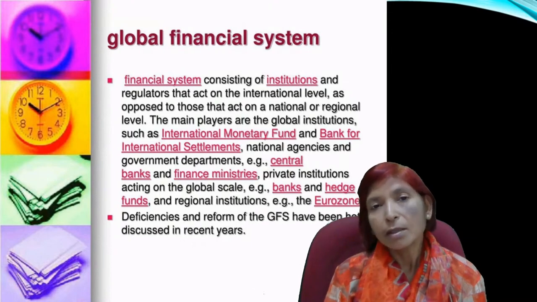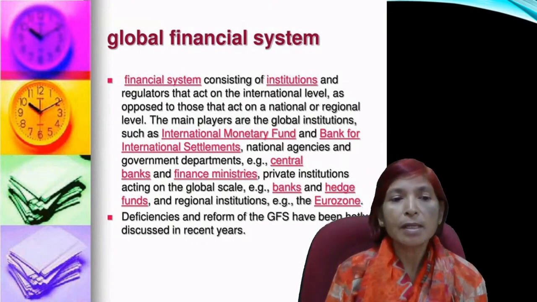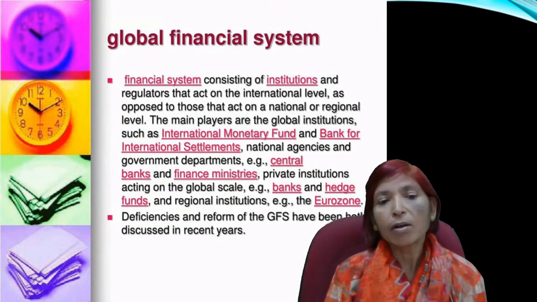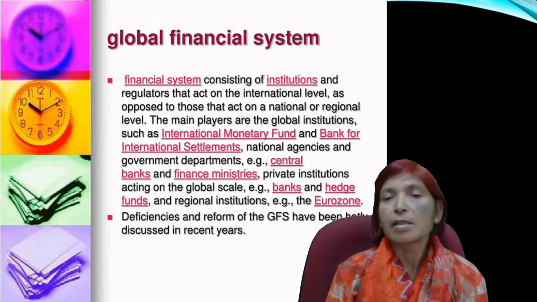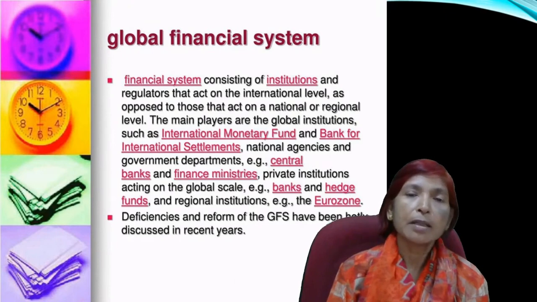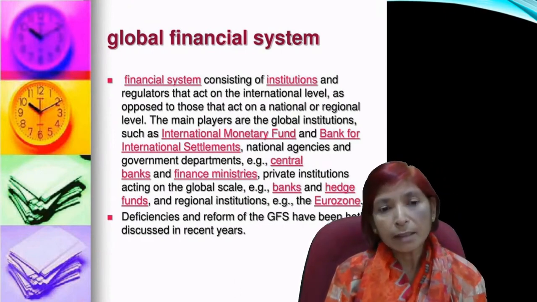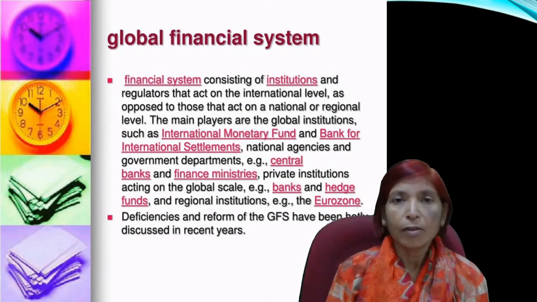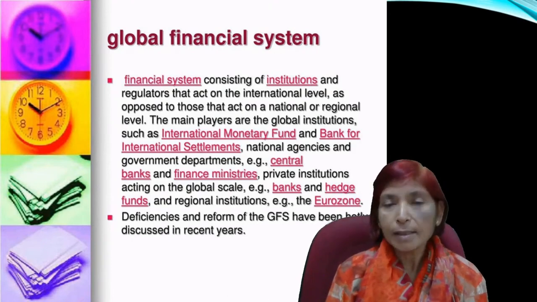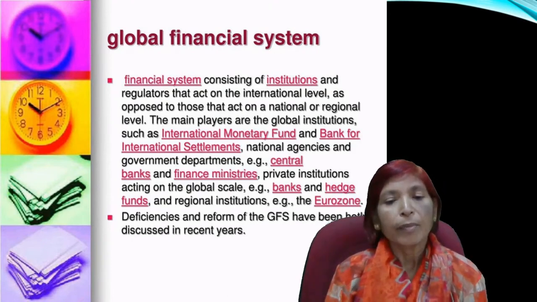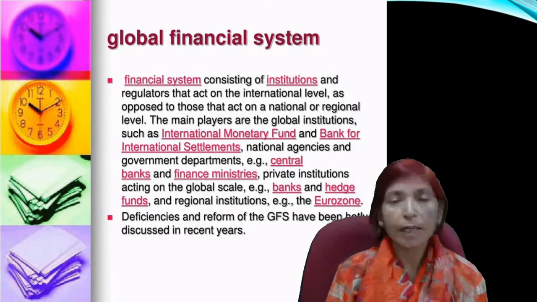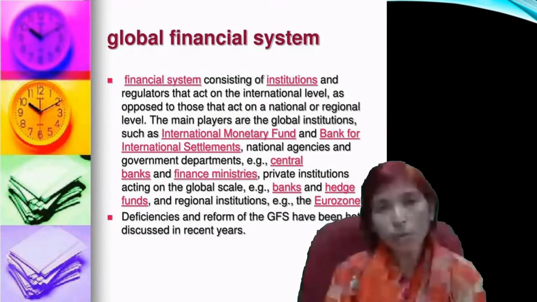The main players in the global system are global institutions like the International Monetary Fund, IMF, next is the Bank for International Settlements, next are national agencies and government departments, next are central banks and finance ministers, next are private institutions that act on the global scale, like banks and hedge funds, which take over all the risk involved in transactions of international funds, and regional institutions, like the Eurozone.